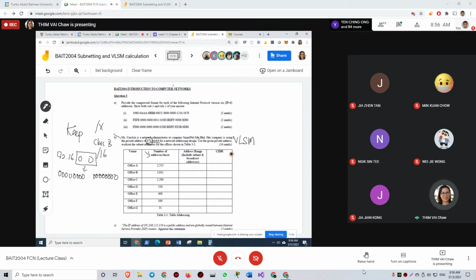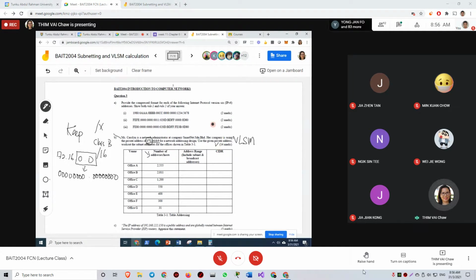Not every time will the question tell you that you must use classful addressing or you must use VLSM. So you must be able to interpret the question and know what method to use. And here is 14 marks. If you know how to do the calculation, it is very easy to score these 14 marks.